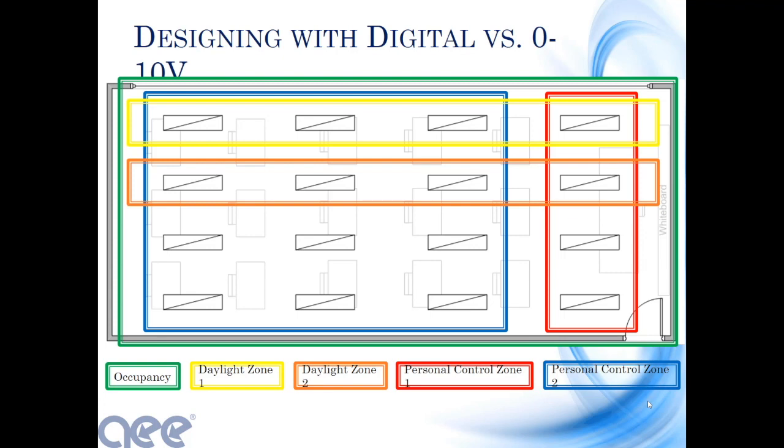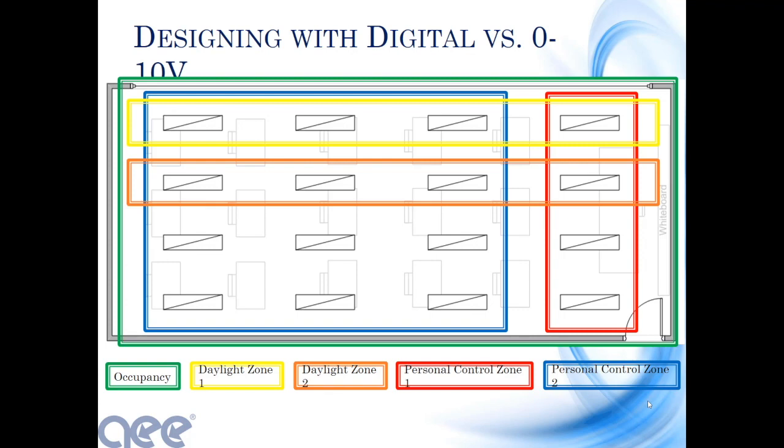We also have a window there, so based on our previous review of ASHRAE, currently we would have to have 2 daylight harvesting zones there as well. And the final thing, it's a little hard to see, but the whole room is in green, and that's for occupancy, so all of the lights go off in response to the room being vacant.